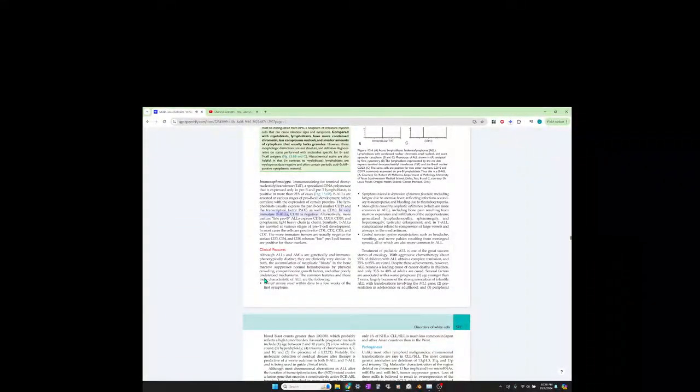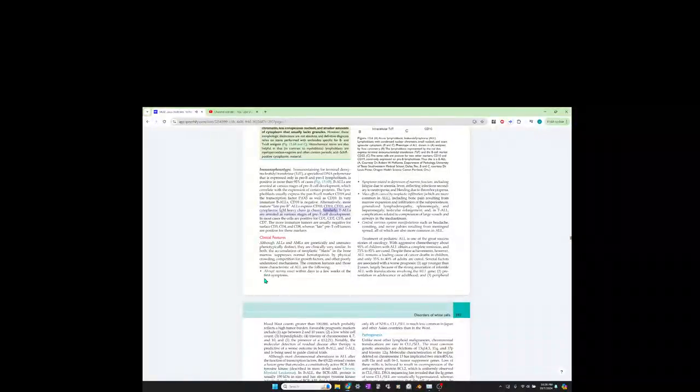The lymphoblasts usually express the pan-B cell marker CD19 and the transcription factor PAX5, as well as CD10. In very immature B-ALLs, CD10 is negative. Alternatively, more mature, late pre-B ALLs express CD10, CD19, CD20, and cytoplasmic IgM heavy chain. Similarly, T-ALLs are arrested at various stages of pre-T cell development.